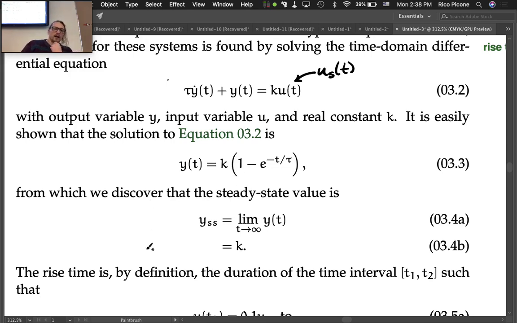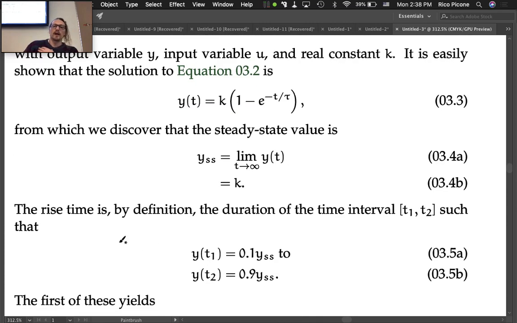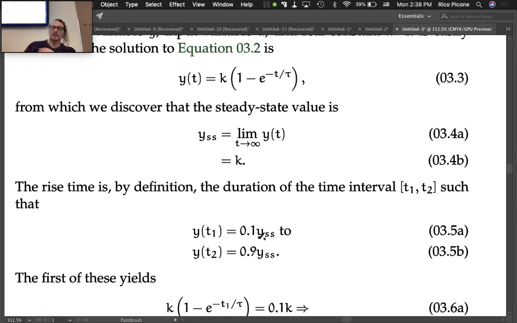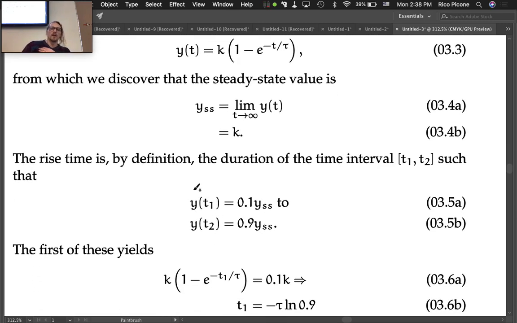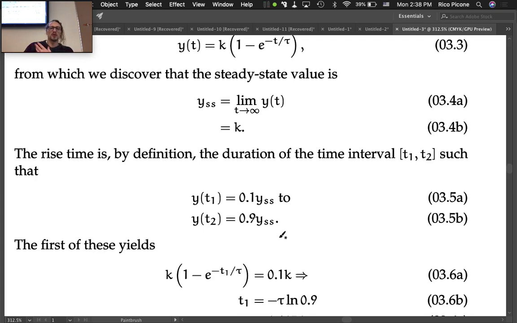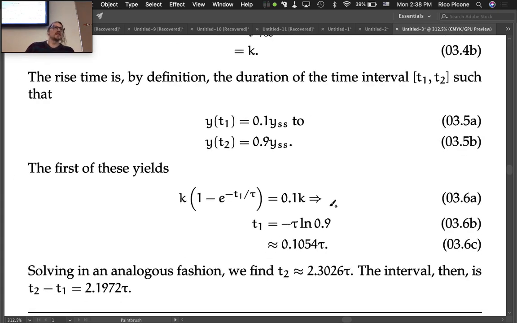From which we discover that the steady state value is just whatever it is that scales the input. The rise time is, by definition, the duration of the time interval t1 to t2 such that y of t1 is 10% of the steady state and y of t2 is 90% of the steady state value. So we just plug in and get some equations here.